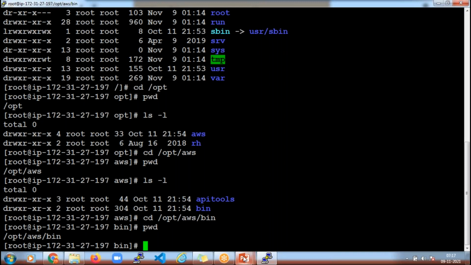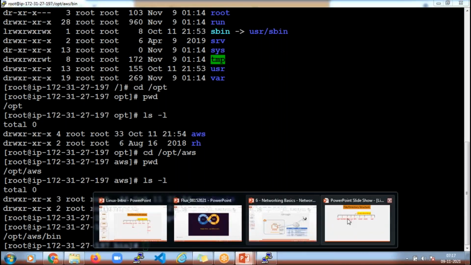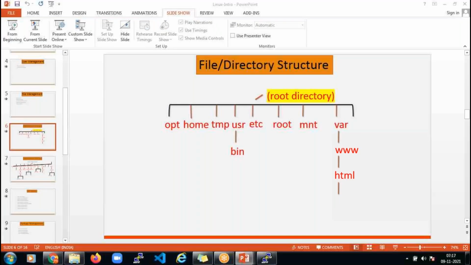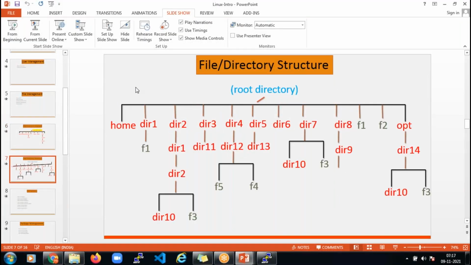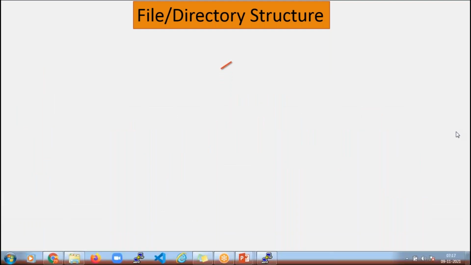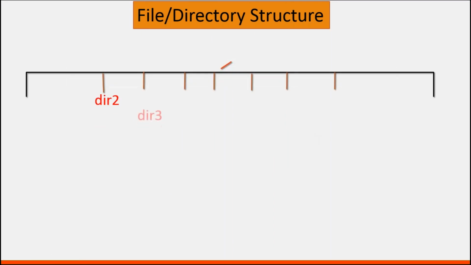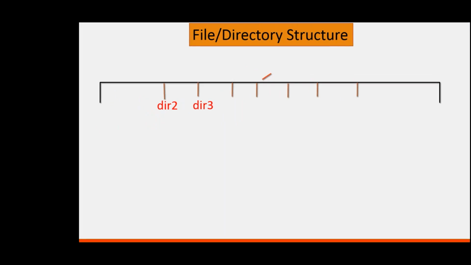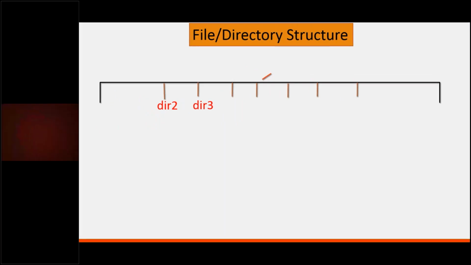Good. So that means, in the Linux system, you may be having hundreds of directories, correct? If you look into this particular screen, under the slash, as we discussed, there will be some set of directories. Let's say I have directories called dir2, dir3.